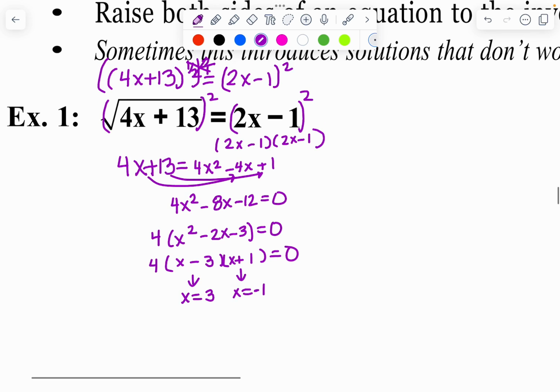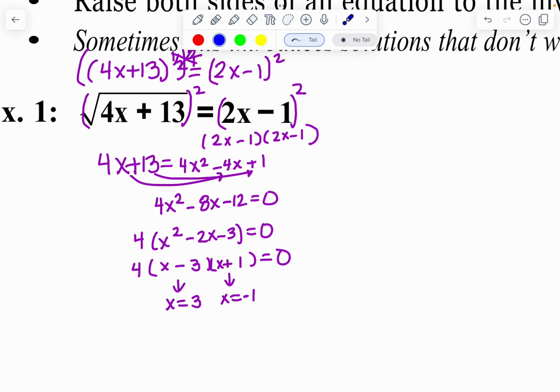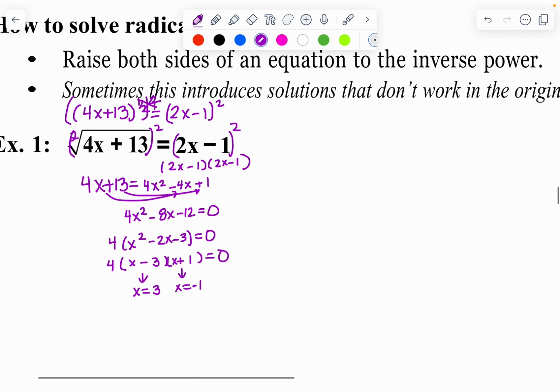But this is what I'm going to tell you. Whenever your index is even, and in this case our index is 2, we always have to check these answers in our original problem to make sure that both of them are answers.